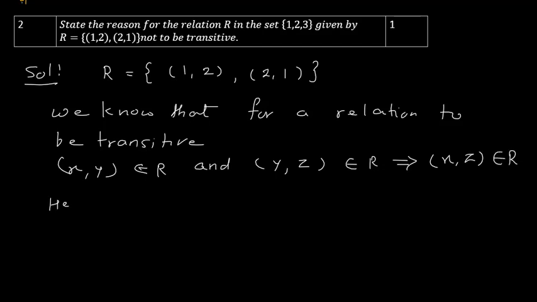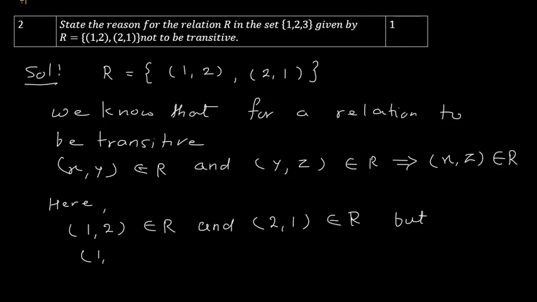Now here (1, 2) belongs to the relation and (2, 1) also belongs to the relation, but (1, 1) does not belong to the relation. Therefore R is not transitive.